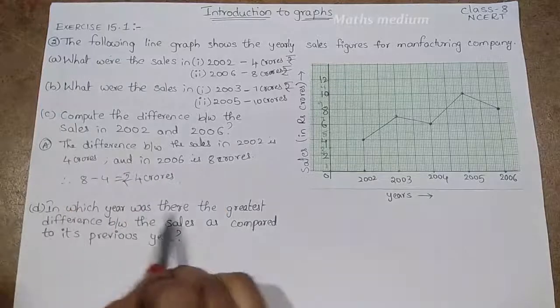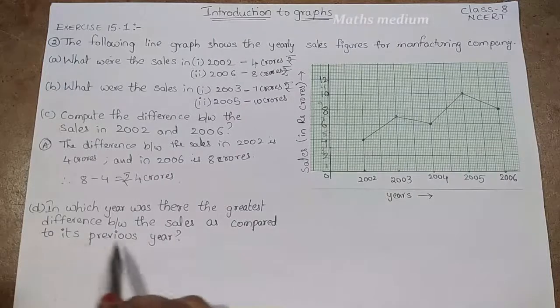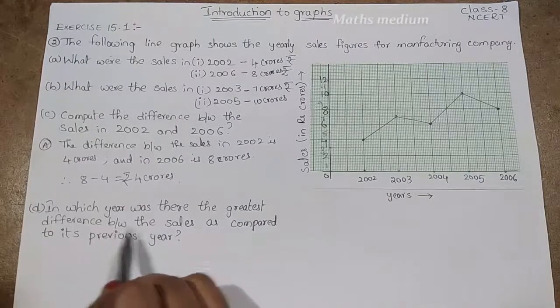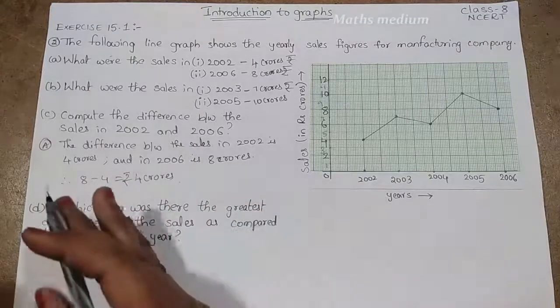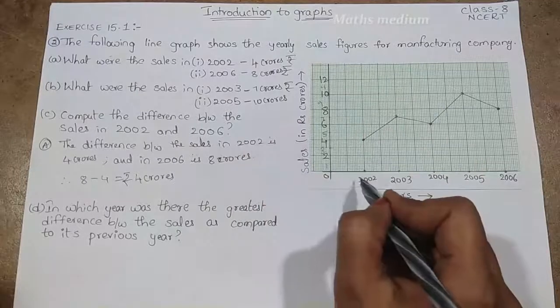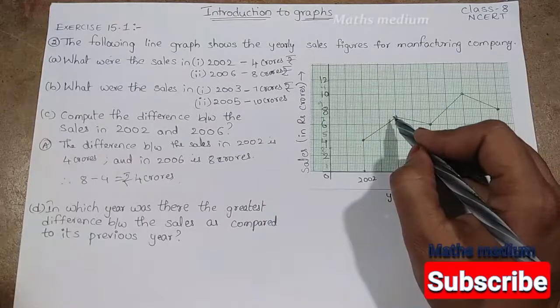Next, in which year was there the greatest difference between the sales as compared to its previous year? So we have to find the greatest difference between the sales as compared to previous years. So this is 2002. We don't know the previous year of this. In 2003 there is a peak, it means an increase of the sales.